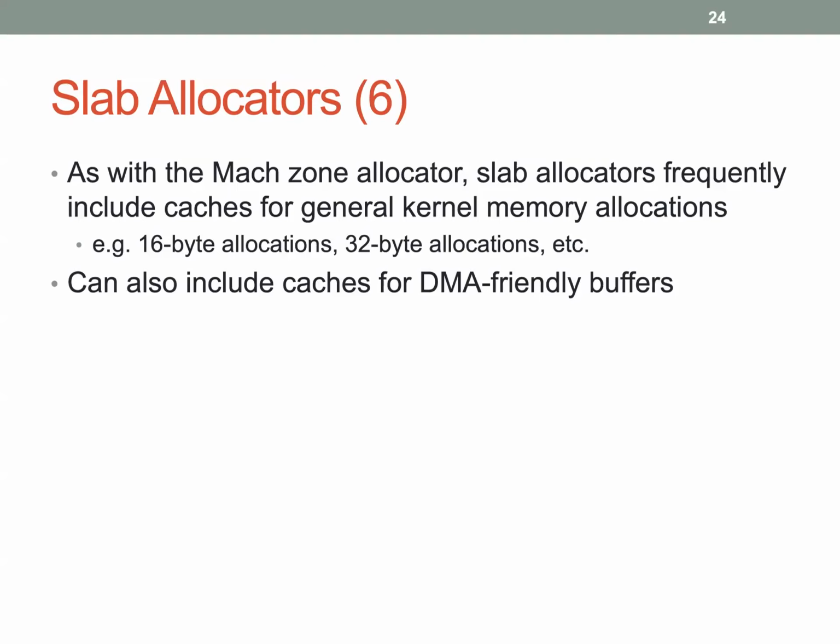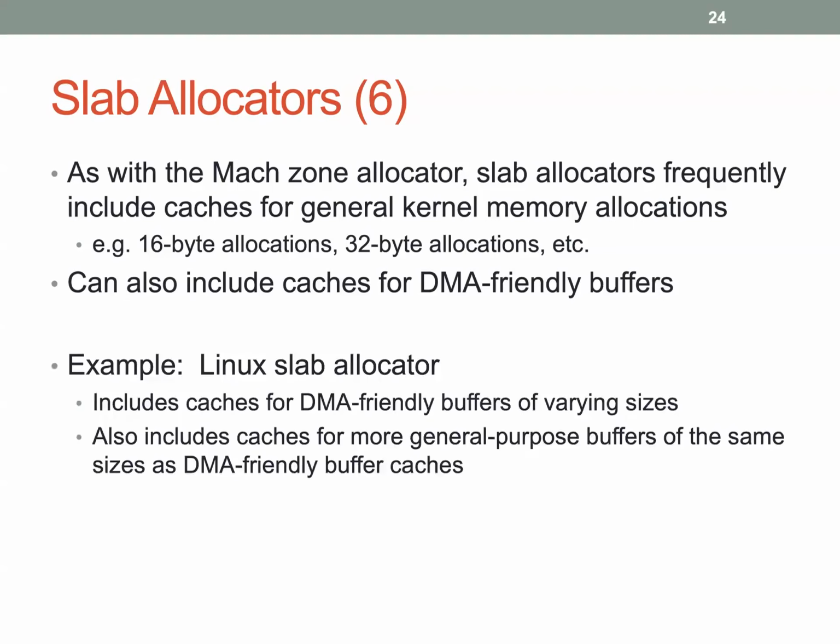So that tends to be how kernels will handle that particular problem. So this is how the Linux slab allocator works. It's got DMA friendly and also non-DMA friendly buffers, so that it can have stuff for hardware specifically or for software that doesn't care.